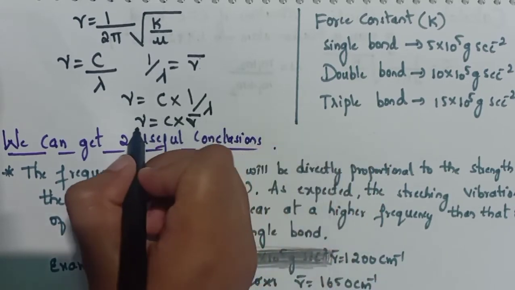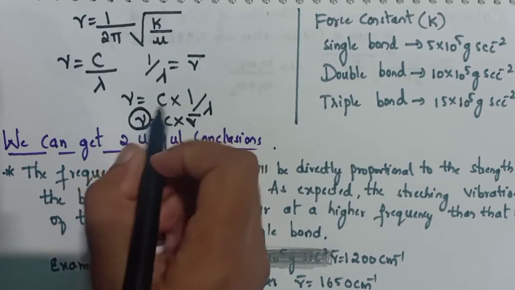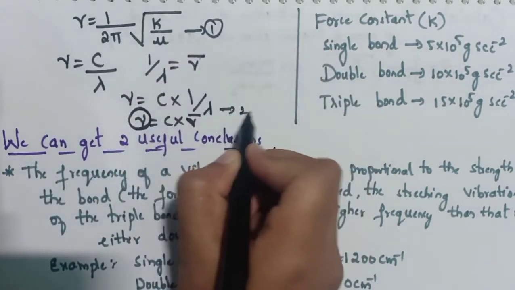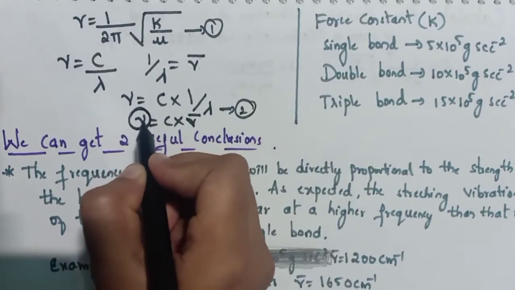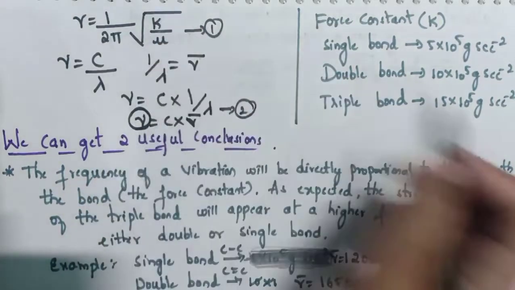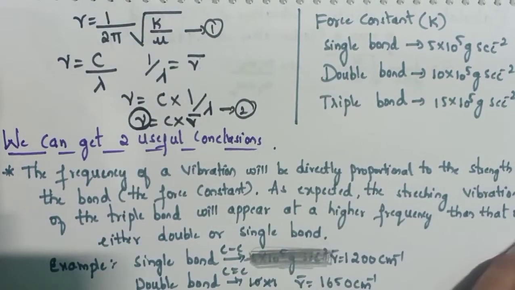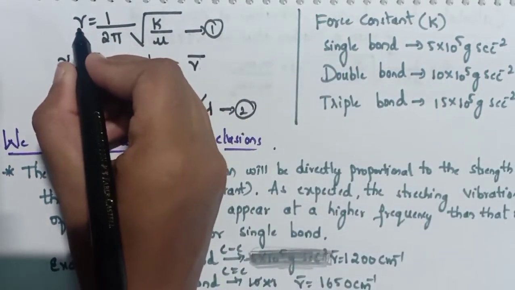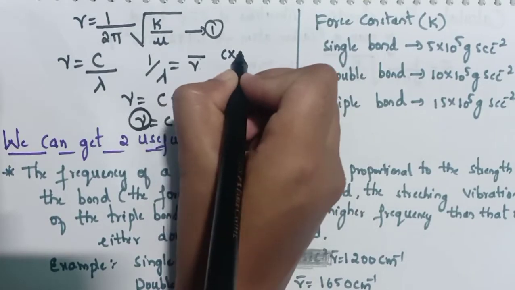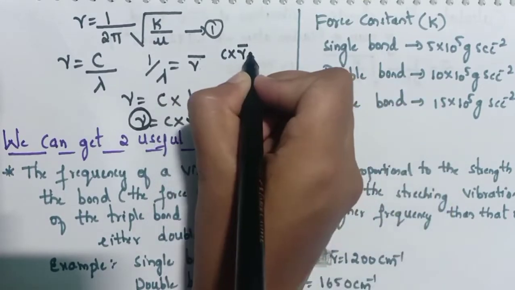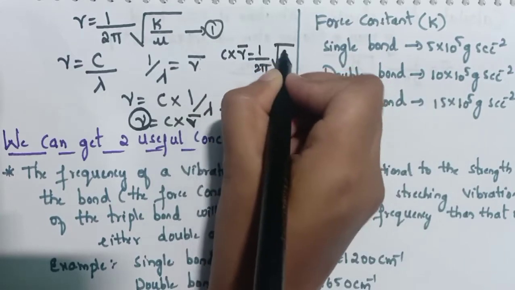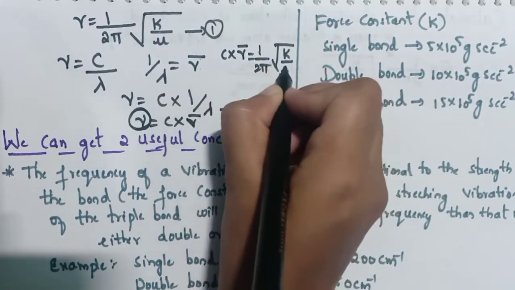Let's substitute this value of frequency in equation number 1. This is equation number 1 and this is equation number 2. In the place of frequency we have c into nu bar, that is wave number, equal to 1 by 2 pi root of k divided by mu.